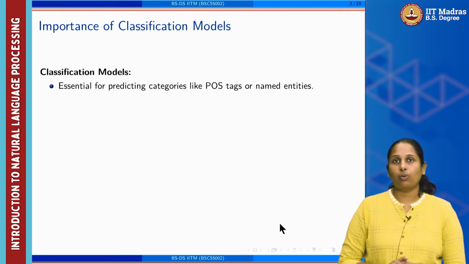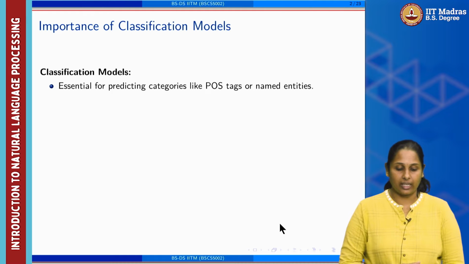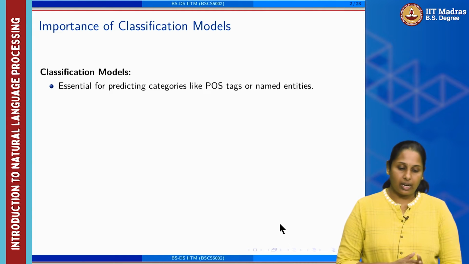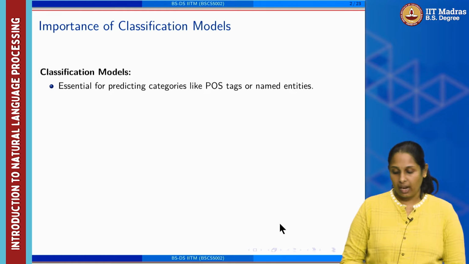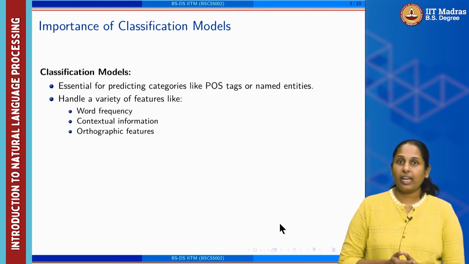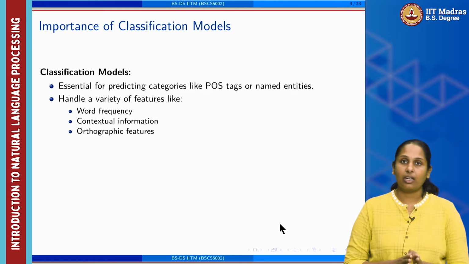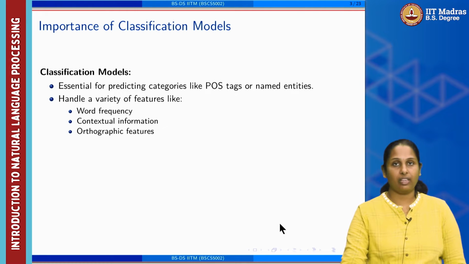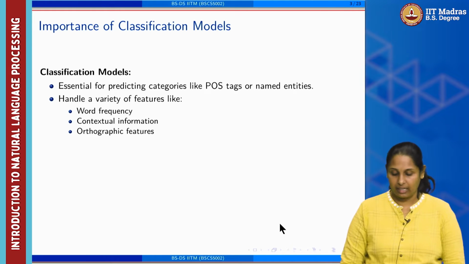So, let us talk about why we go for classification models for building POS tagging. Classification models are essential, especially when we are predicting some kind of classes from the given input. Right now the input for us is POS tagging and named entities. We can handle a variety of features like word frequency, contextual information and orthographic features from the given text, not only the word and the tag.